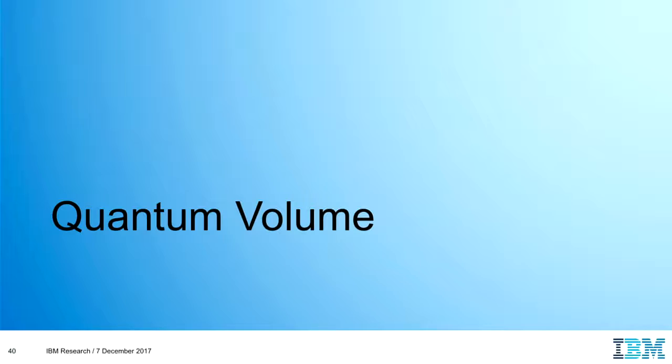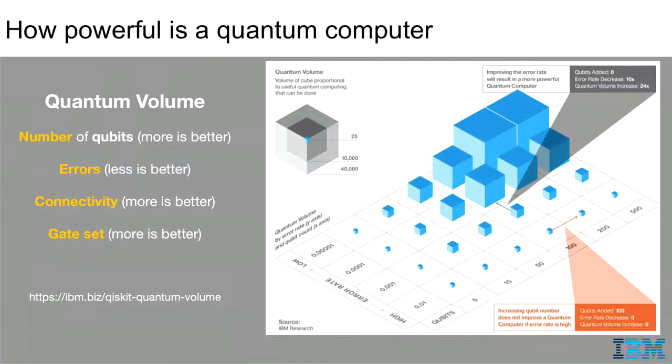All that together, I'd like to discuss a little bit about quantum volume. Quantum volume is something that at IBM we've started talking about, in terms of what type of metrics we could use to describe how good our quantum processor is.